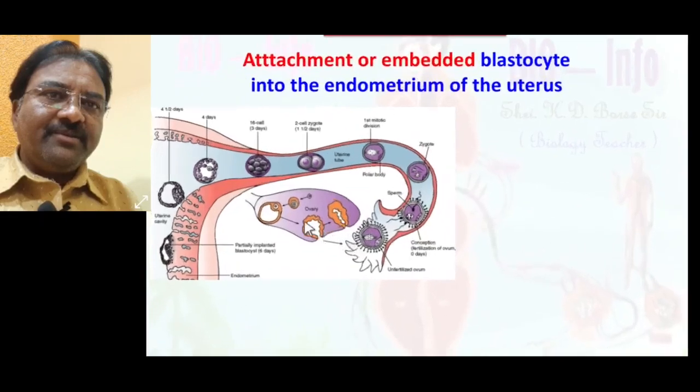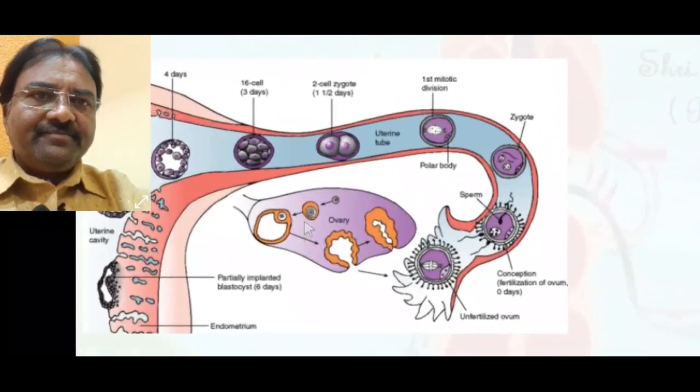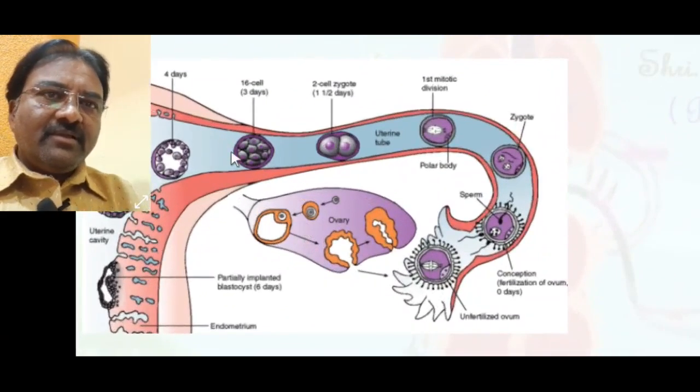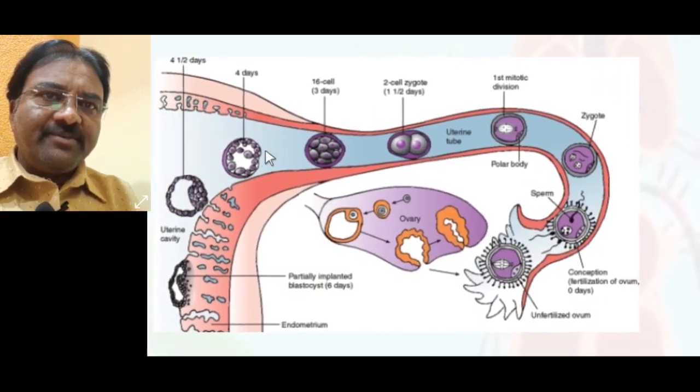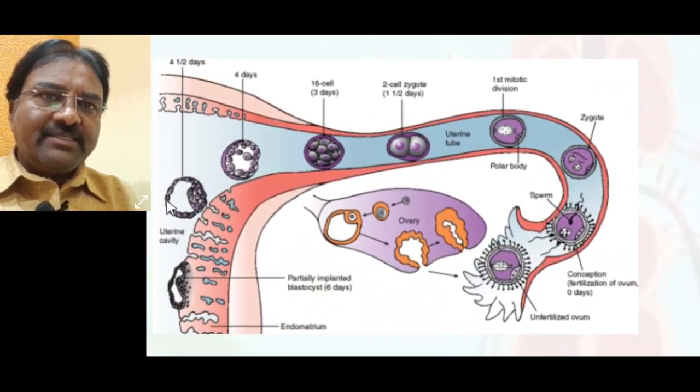Here we can see the morula stage converted into a blastocyst. This blastocyst enters the uterus, and inside the uterus it attaches and embeds into the endometrium layer.